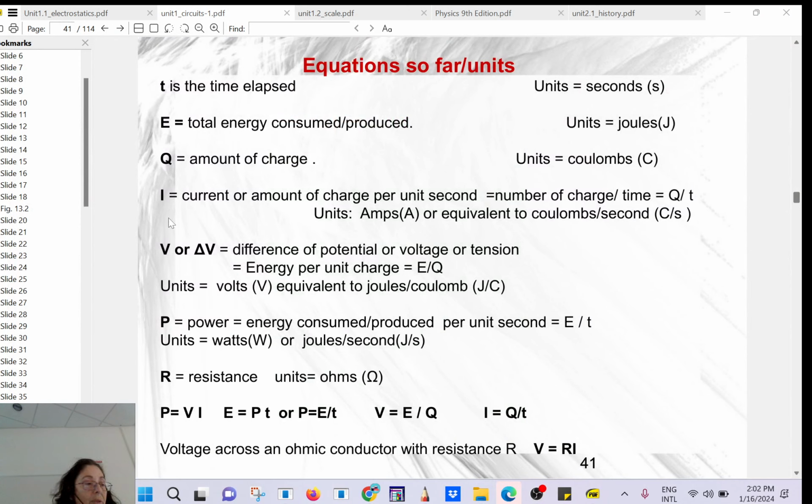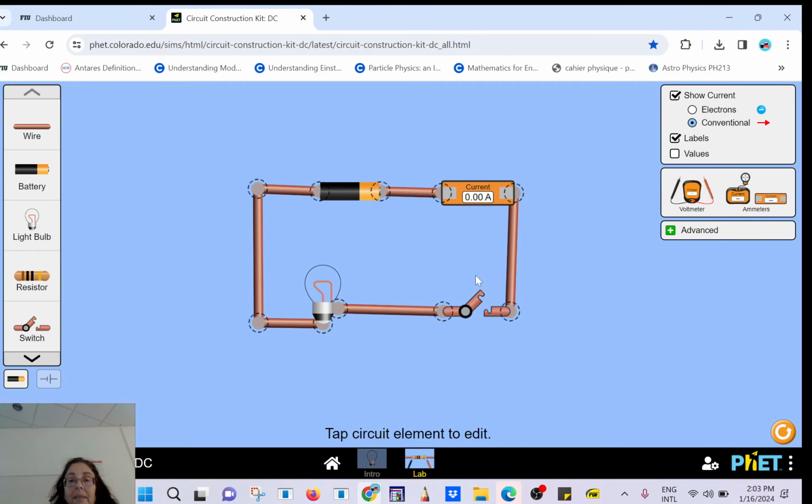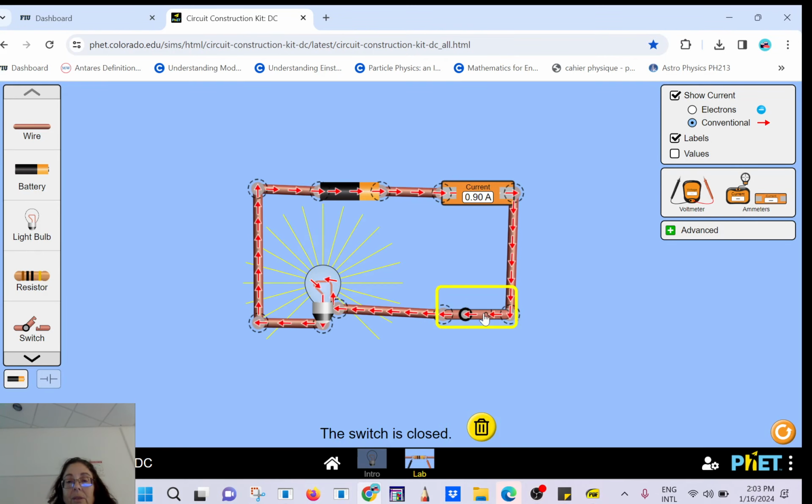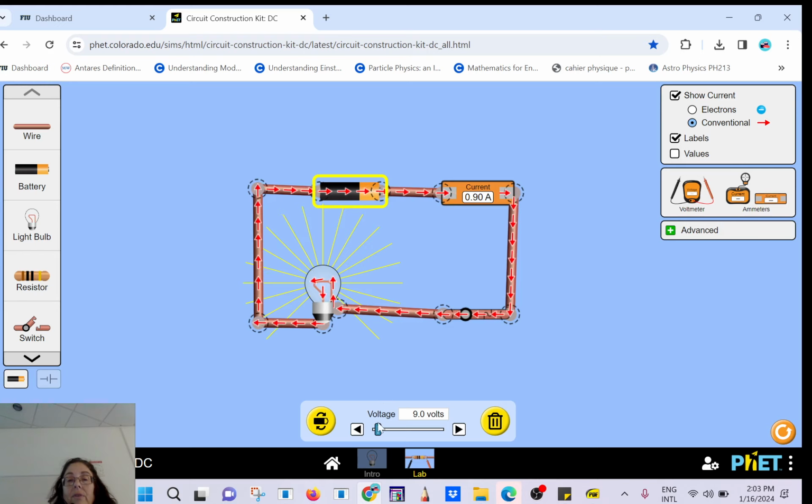We looked at current. Current will be coulombs per second. You can think of that as how fast the charges are moving in the circuit. If I go back to my little circuit here and close the switch, if I increase the voltage of the battery, it's very much like you are increasing the pressure.